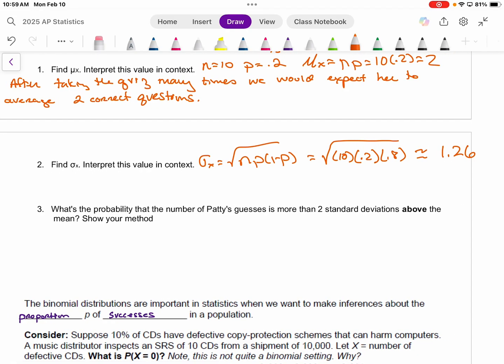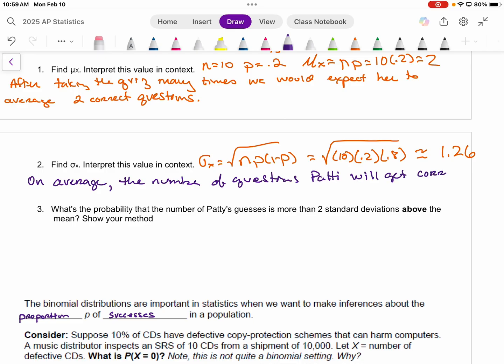So the interpretation aspect: on average, the number of questions Patty will get correct will vary from the mean.